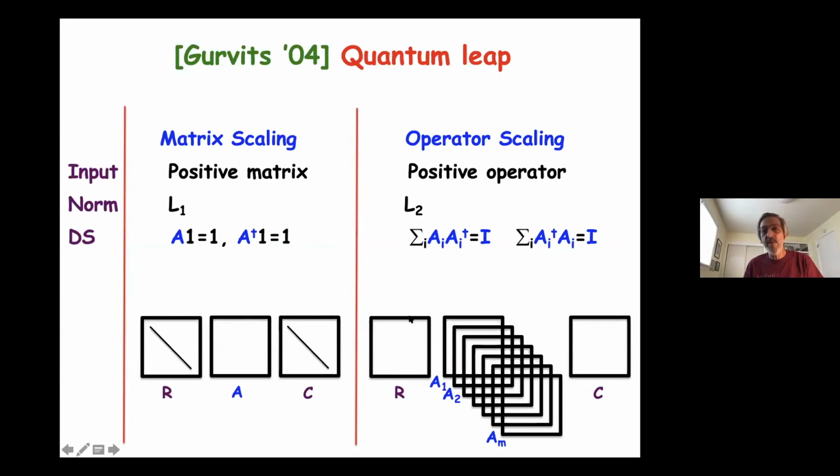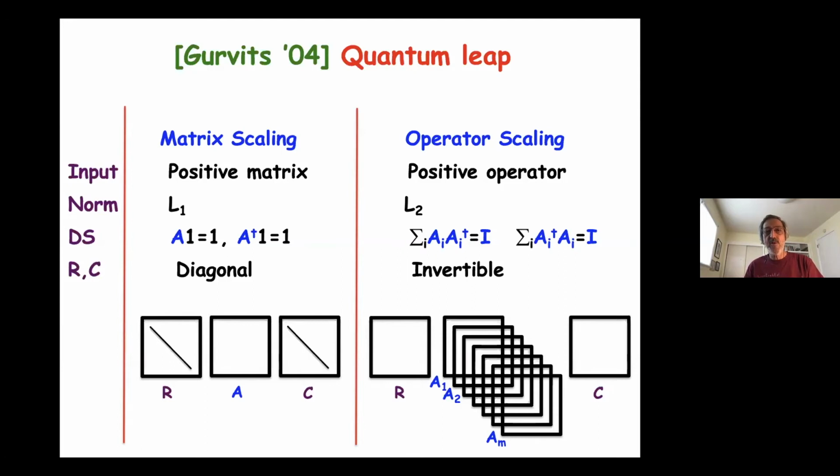It will be whether the sum of A_i A_i transpose is the identity. That will be like row stochasticity, and column is the same with the transpose. And as I said, scaling will be by invertible matrices. Vectors go to matrices, or diagonal matrices go to non-singular matrices.